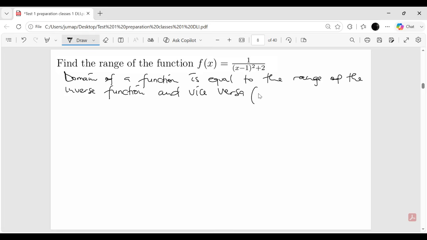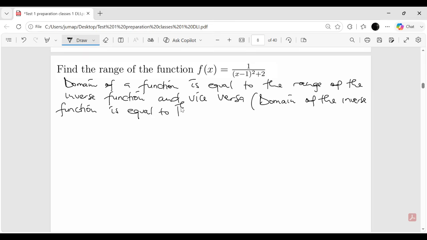So the vice versa, what it means is that the domain of the inverse function is equal to the range of the function. That is how it is.